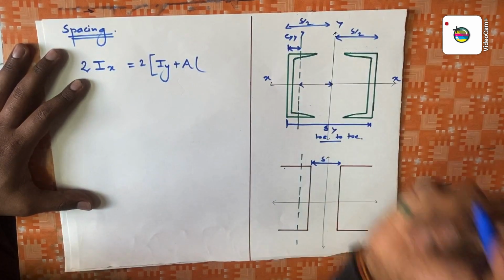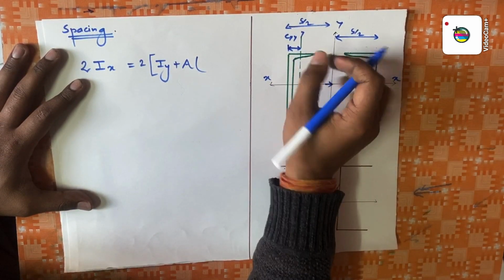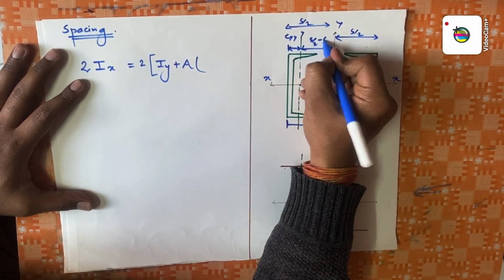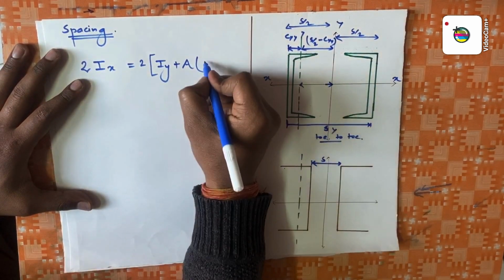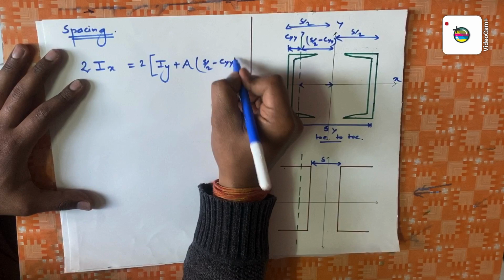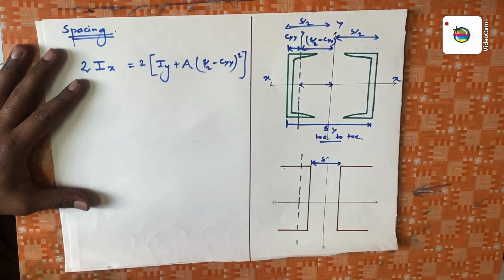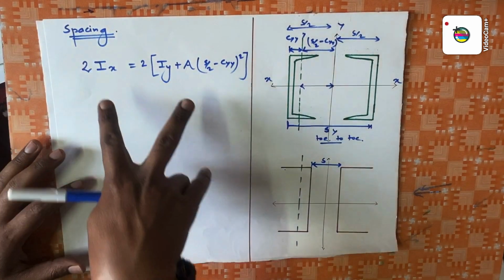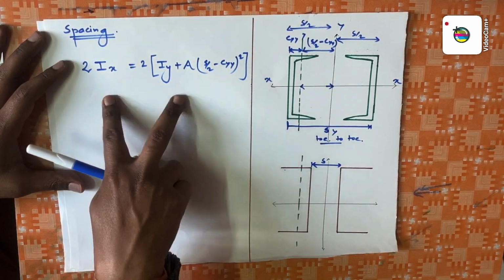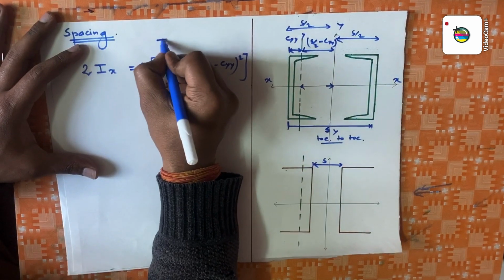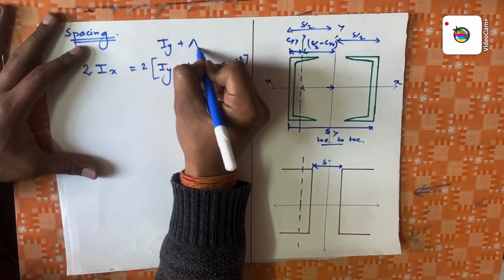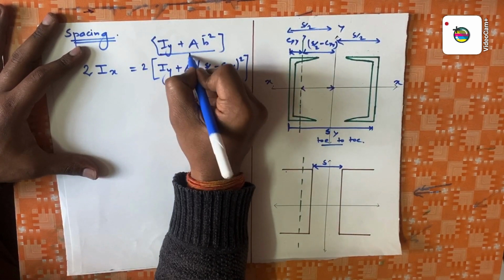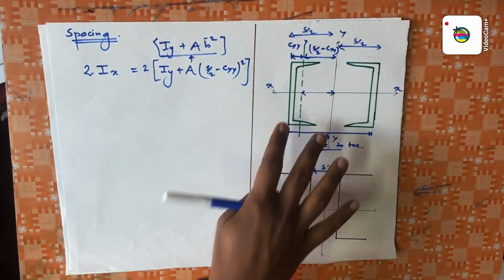And the distance from this line to this line will be S by 2 minus CYY. That's it. Since this section is unsymmetric about the y-axis, you must have seen this formula in the form Iy plus A x bar whole square. It's just in this format. So I have explained this to you.